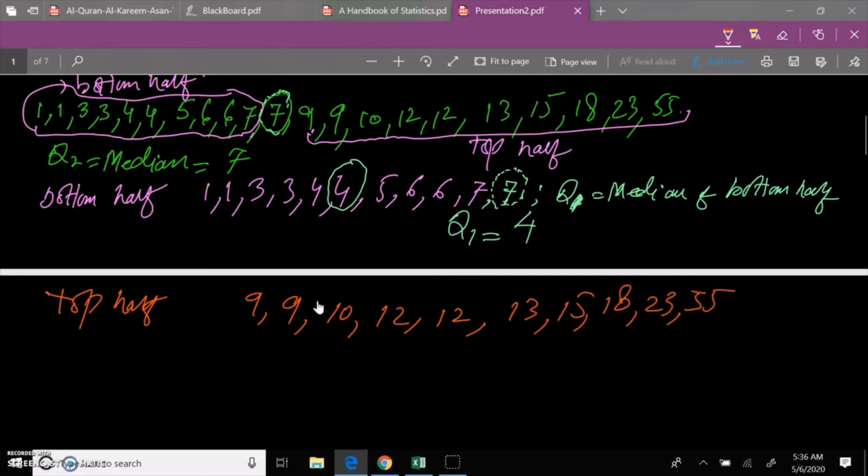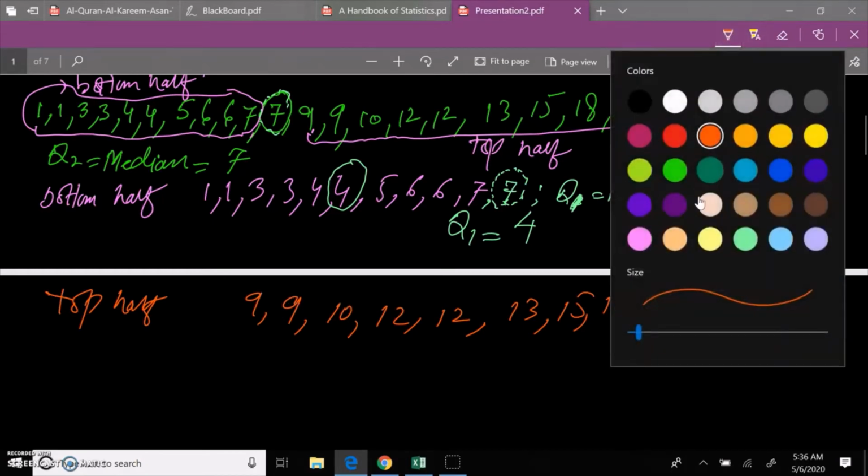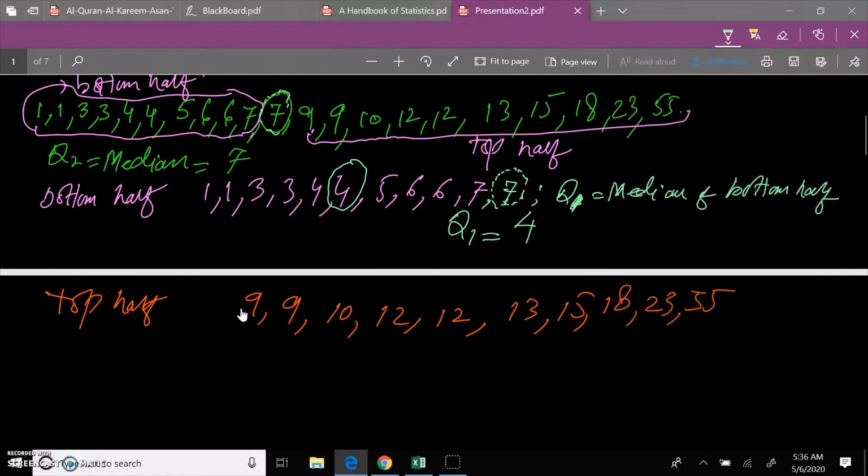So this is the top half of my data set. Again, as the number of observations is odd, this median, the Q2, will be part of this half also. So I'm going to write this 7 here, and I'm encircling this one to draw your attention that this value has to be included in both halves.